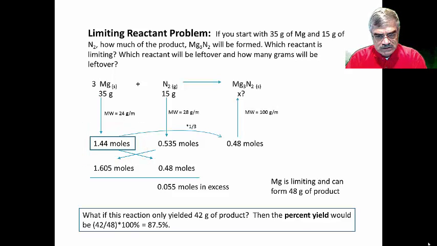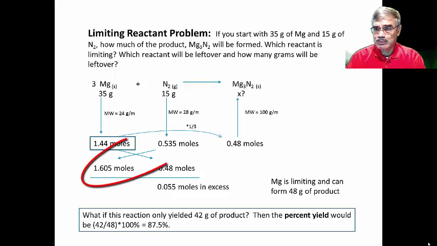Now, just in case you had written a reaction starting with nitrogen plus 3 magnesiums, or you had looked at the nitrogen first, if you have 0.535 moles of nitrogen, how many moles of magnesium would you have needed? You would have needed 3 times as many moles of magnesium due to the 3-to-1 stoichiometric ratio for this balanced chemical reaction.